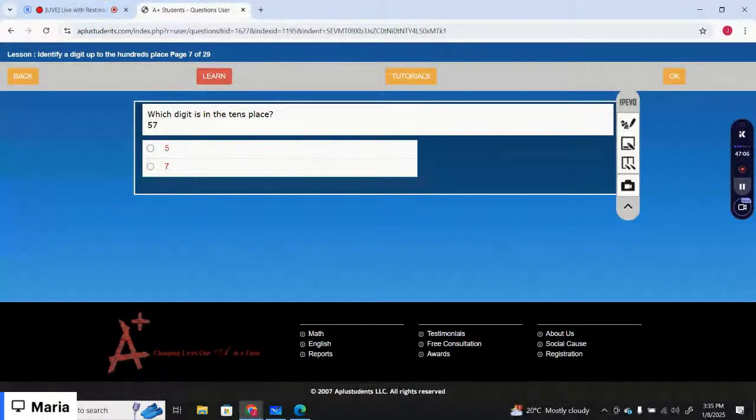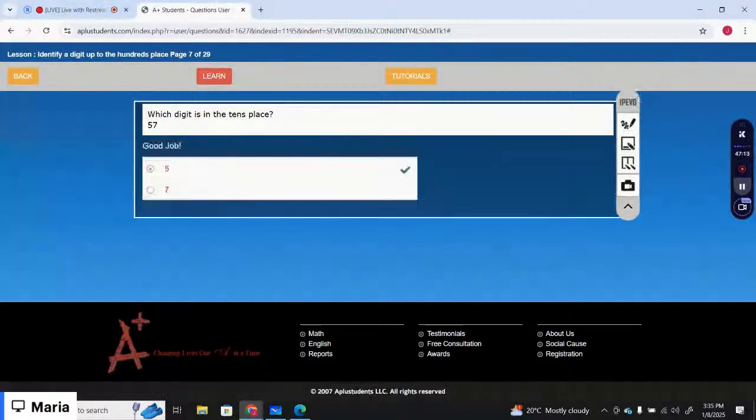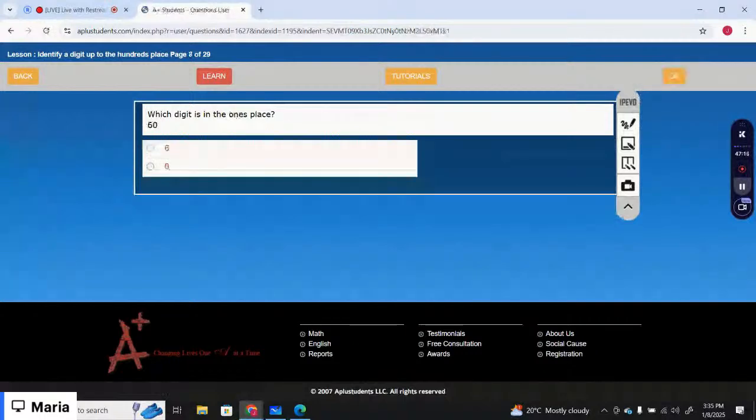Which digit is at the tens place, which is the correct option? 5 it is. 5 is at the tens place. Very good.